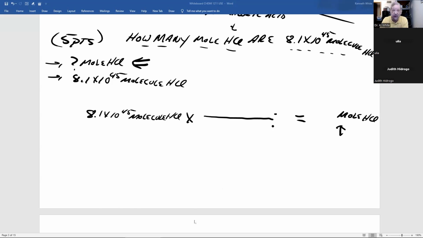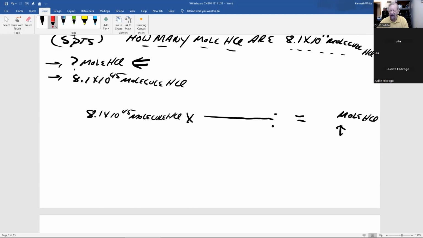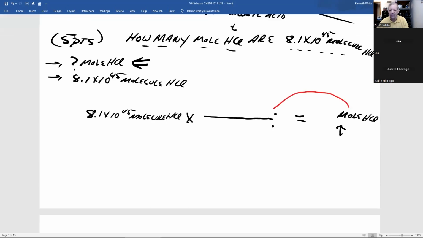It's time to use your good buddy, unit analysis. My turn. Whatever units I'm trying to get to go on top of the ratio, whatever units I'm trying to get rid of go underneath.